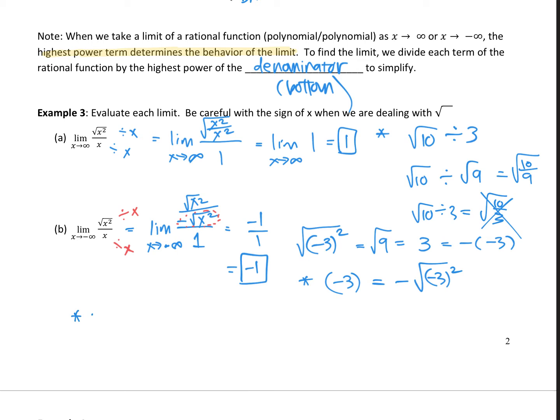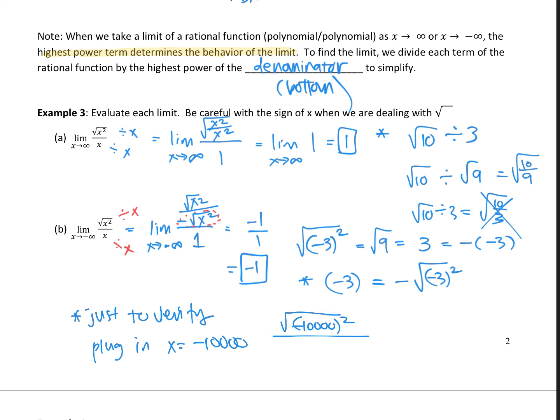To verify, let's say we plug in x equal to negative 10,000 or something like that. So if you have radical of negative 10,000 squared over negative 10,000, on the top you get 10,000 positive, and on the bottom you get negative 10,000.